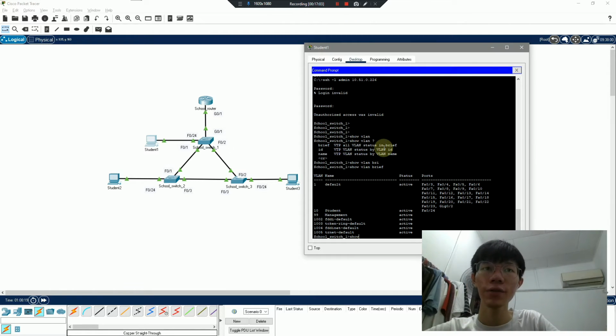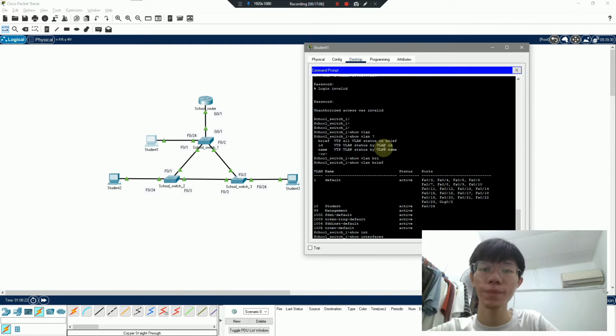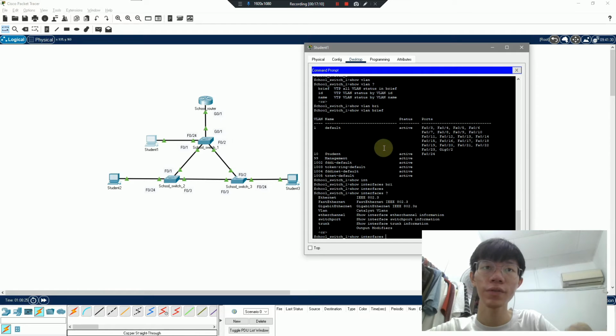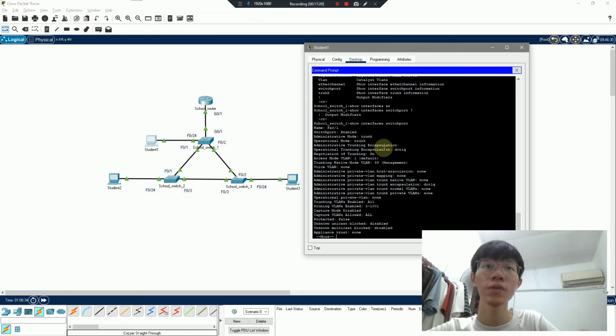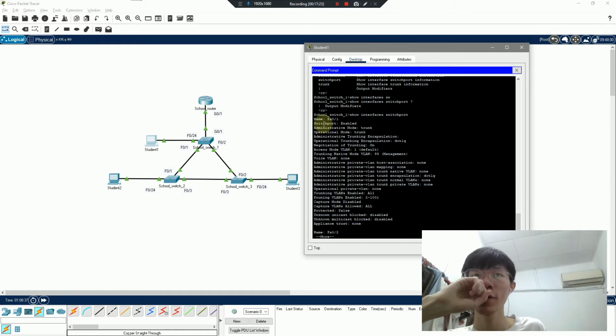So next I will show the interface brief, interface switchport. So looking here, the FastEthernet on the switch 1 is enabled for the switchport, and the mode is trunking, and the access mode is in VLAN 1, so it's the default VLAN, and the trunking native mode is in VLAN 99.